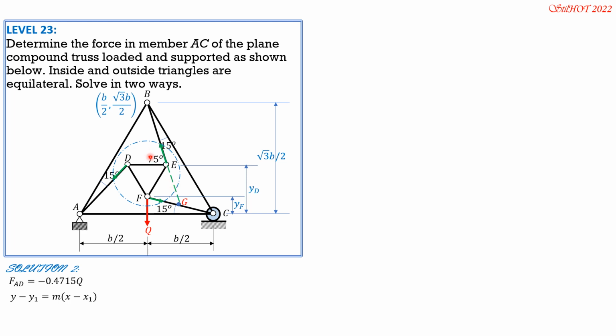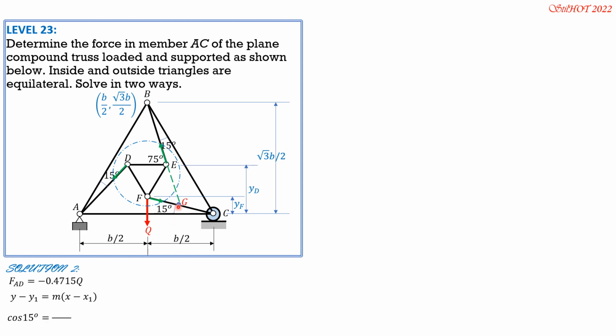Because this is 75 degrees, the angle that line BE makes with the positive x-axis is 180 minus 75. So it is 105 degrees, tangent of 105. But it is also negative 75 if you make the measurement clockwise. So here I use negative 75 instead of tangent 105. But they are the same.